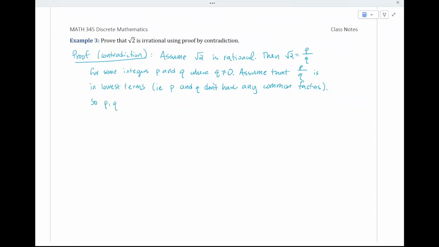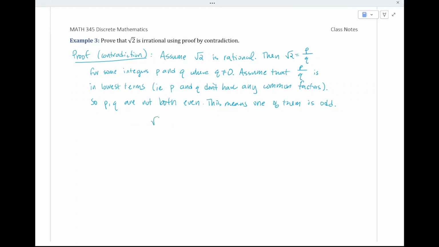So P and Q are not both even. Then they would share a common factor of 2, which would mean they're not in lowest terms. So this means one of them is odd. They could both be odd, but I don't need to assume that. I just need to assume that one of them is odd.